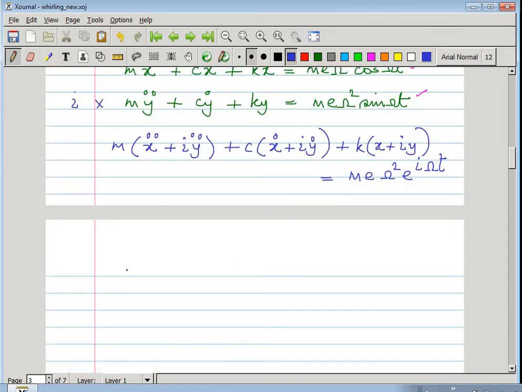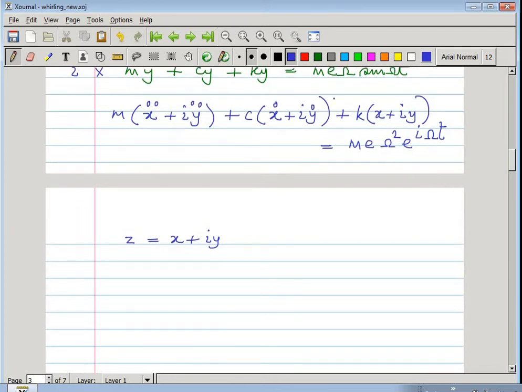Now you call small z as x plus i y. In the vibration problem, we also took the force to be something into e to the power i omega t, but there the projection along the imaginary axis is the actual displacement, whereas here both x and y, the projections along the real and imaginary axes, are displacements.